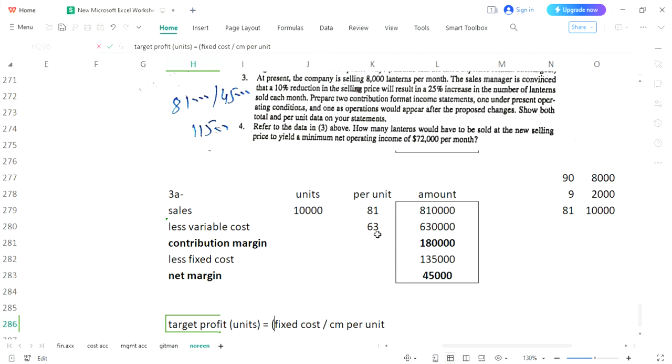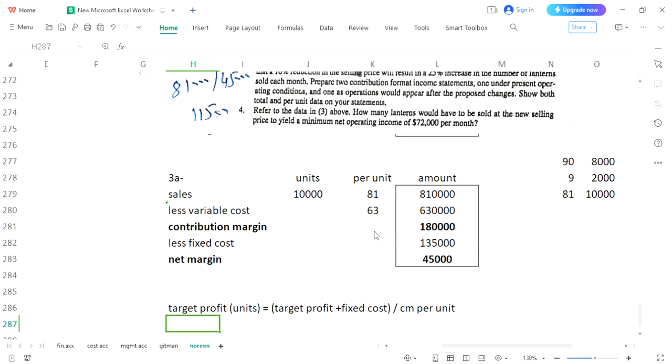You will start with a bracket and write over here the only word which you will add, your target profit. Then you will add this target profit to the fixed cost, close your bracket, divide by CM per unit, and you will get the answer. So we have just evolved the target profit unit formula.